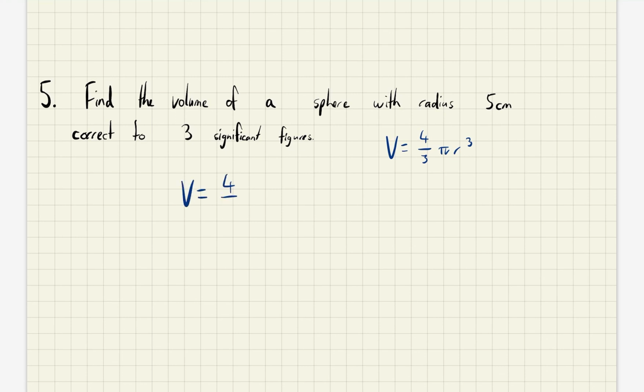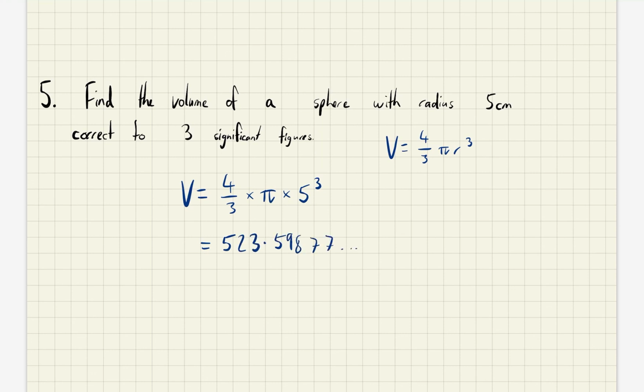But it's good to try and remember them if you can, because it speeds up processes. So that means the volume is 4 on 3 times pi times the radius, which was 5 centimeters, cubed. So I'm going to type that into the calculator. I'll do 4 on 3 times pi times 5 cubed.